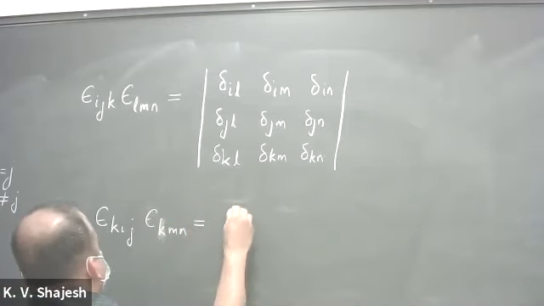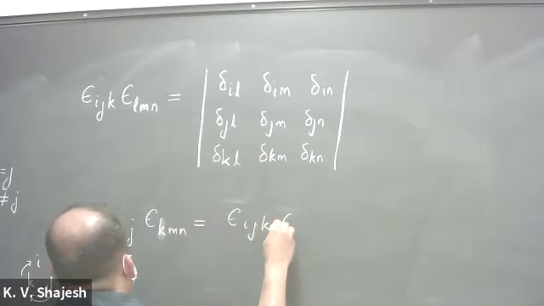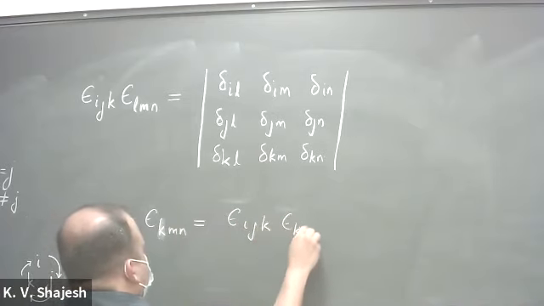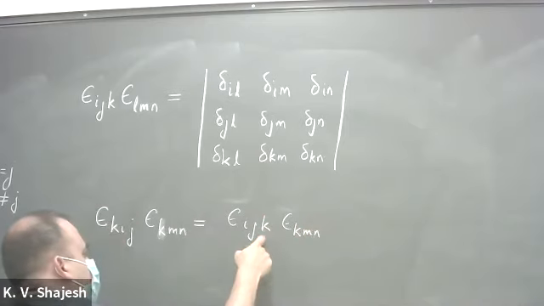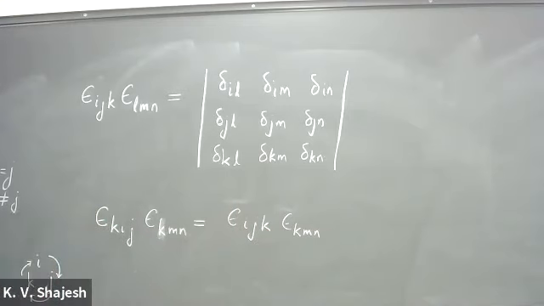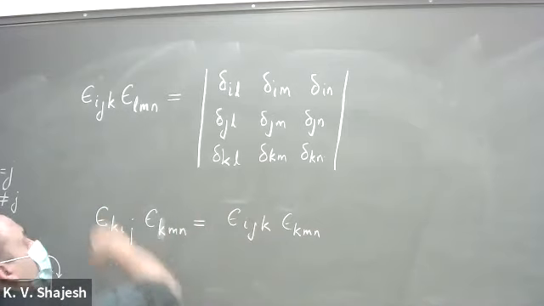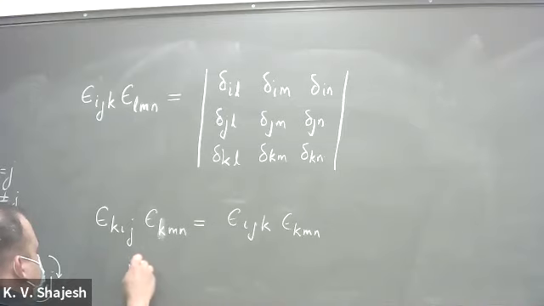This is the same as epsilon ijk, epsilon kmn. Why? Because if I move k and j, once I lose a sign, I again do it, I lose 2 signs, right? So in that sense, this is exactly the same as this, as long as I put l equal to k everywhere. So I put that in and try to get an identity.